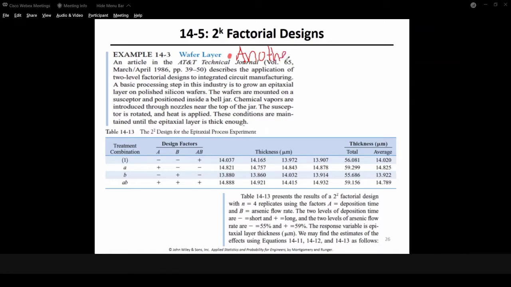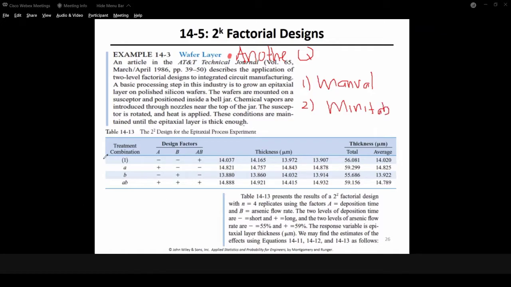Practice using manual calculation. Always remember, guys, number two, you can use Minitab.